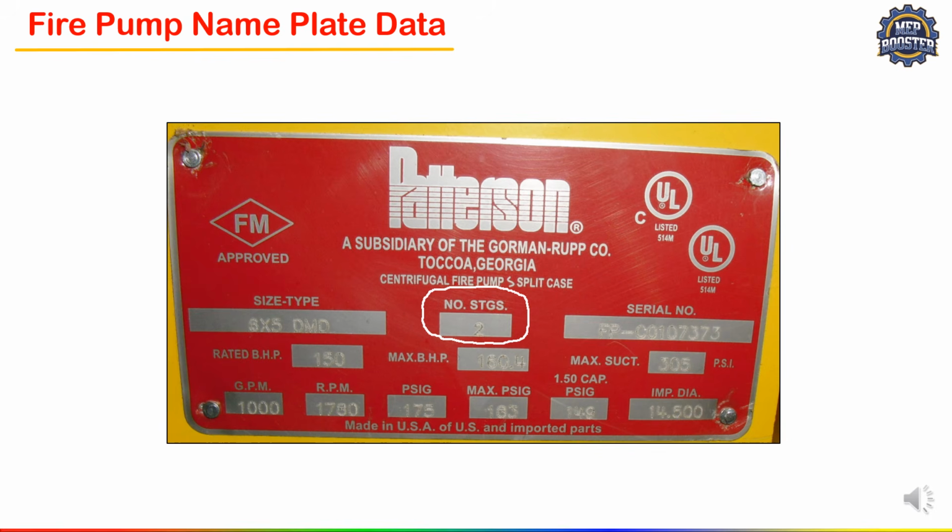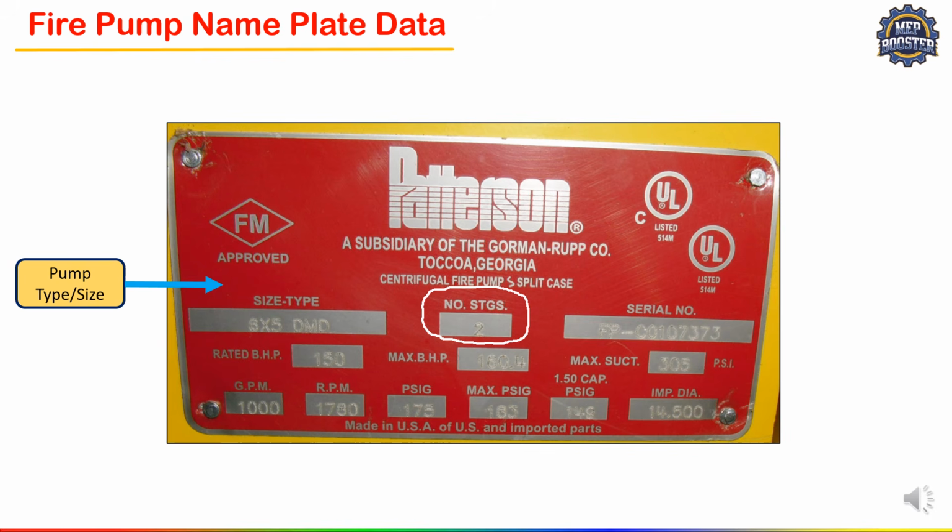Here you can see the manufacturer information like name and model number. Here you will get the name of the manufacturer, brand of the pump, even model number, serial number, flow rate, head, power requirement, voltage, frequency, phase, current, everything you can see here. Speed, pump type, which type of material you are using.